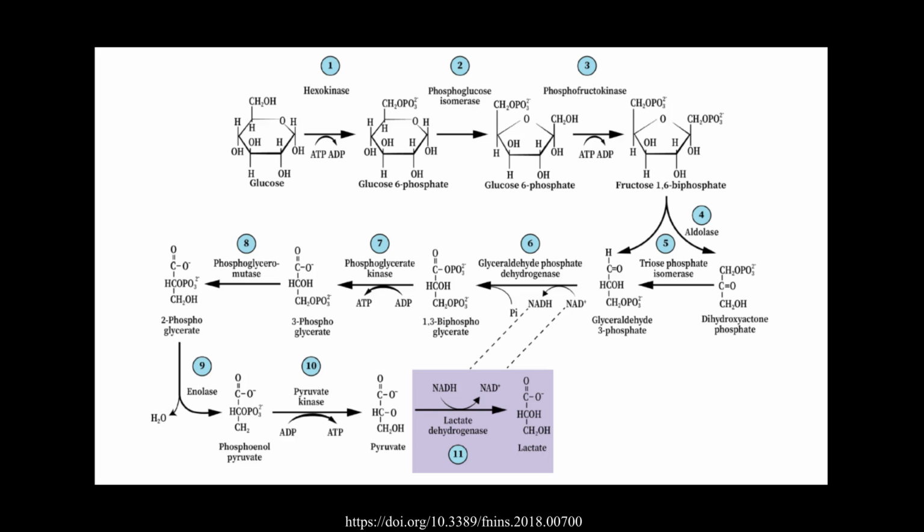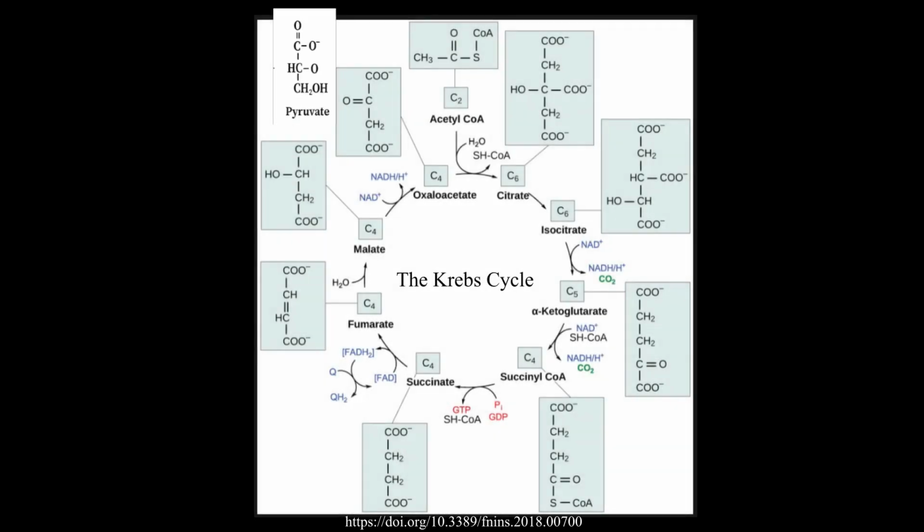But when oxygen is available, the last molecule of glycolysis, pyruvate, is converted to acetyl-CoA, and this reaction generates 2 molecules of NADH per molecule of glucose, which then reacts with oxaloacetate to produce citrate, a molecule with 6 carbons. And just like in glycolysis, a series of enzymes modify this molecule by moving carbons around or by oxidation until oxaloacetate is produced, and then the molecule re-enters the cycle for another round.